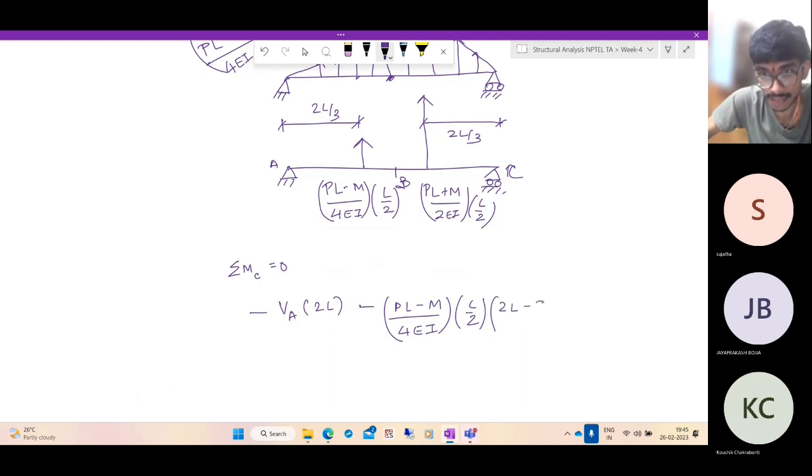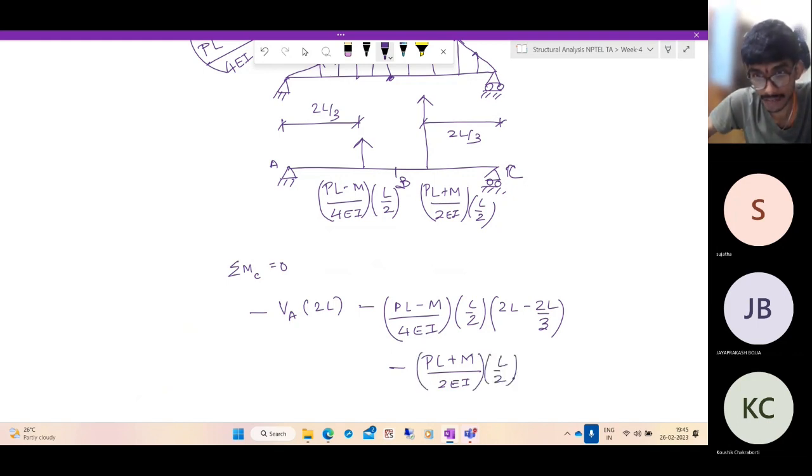It acts at 2L minus 2L by 3. And the other load is PL plus M by 2EI. Area is this, acting at 2L by 3 equal to 0.